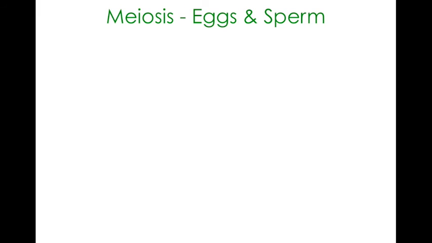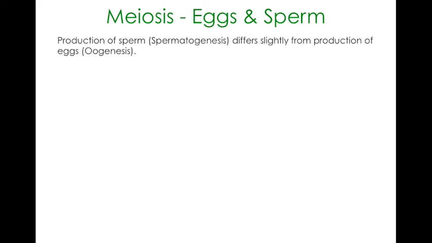Now, the production of sperm, what we call spermatogenesis, spermato for the spermatozoa and genesis meaning birth, differs from the production of eggs, which is called oogenesis. For sperm, one spermatocyte will form 4 sperm cells. Meiosis will produce 4 sperm cells from one spermatocyte.